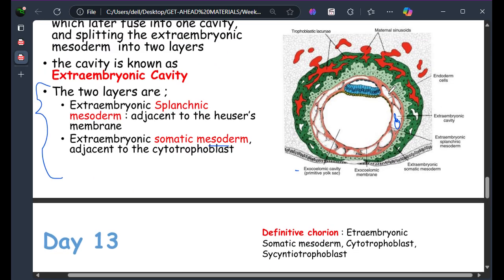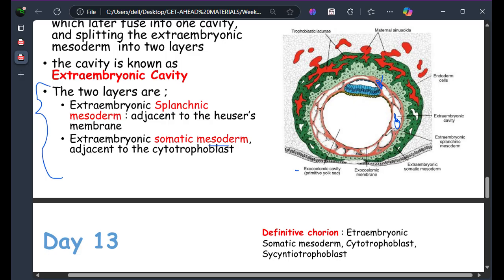Remember that the mesoderm forms between the embryo proper here in this case and the cytotrophoblast. So, as it forms there, the space of the extraembryonic cavity is going to enlarge all the way here, but it will just stop at a certain point there, and that point will remain as the connecting stalk.